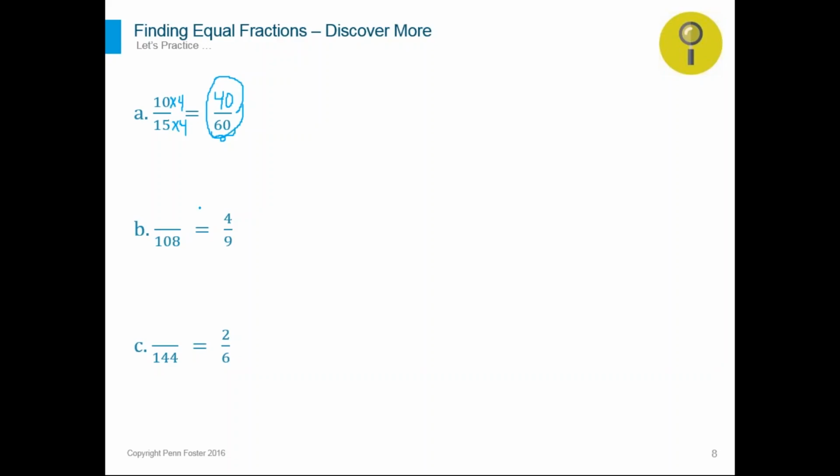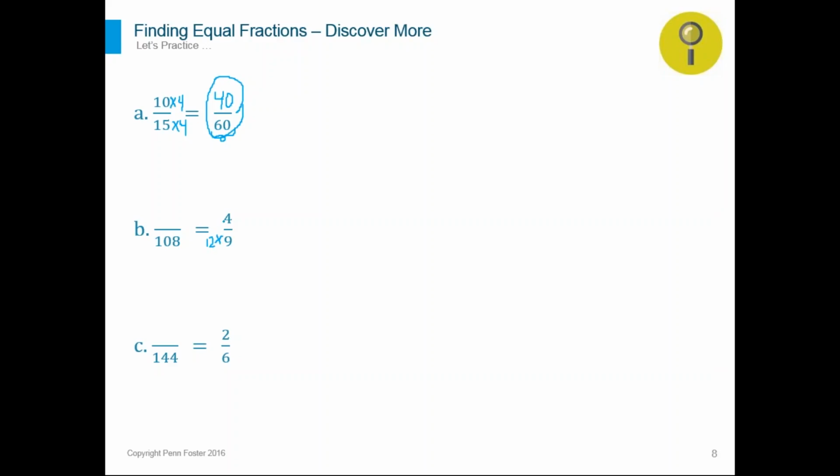Let's do B. The same concept, just different numbers. 4/9 is the given fraction. What other equal fraction to this fraction has 108 in the denominator? In other words, 9 times what will give you 108? I need to figure out the factor. You can just say right away it's 12.